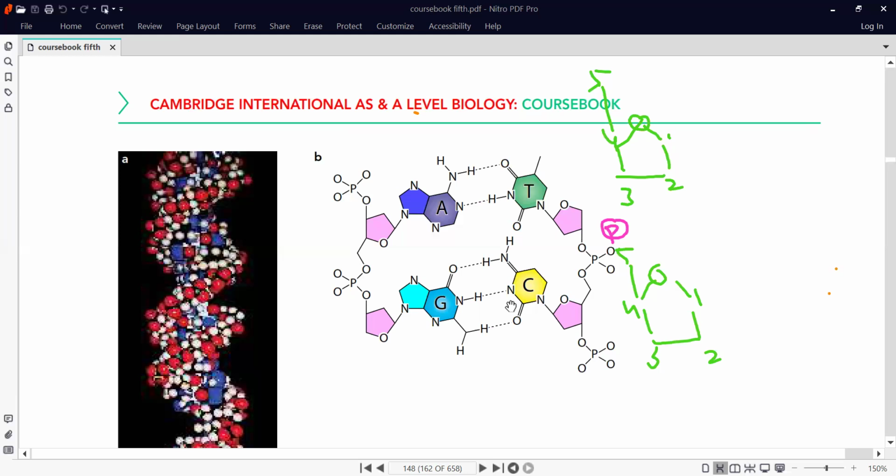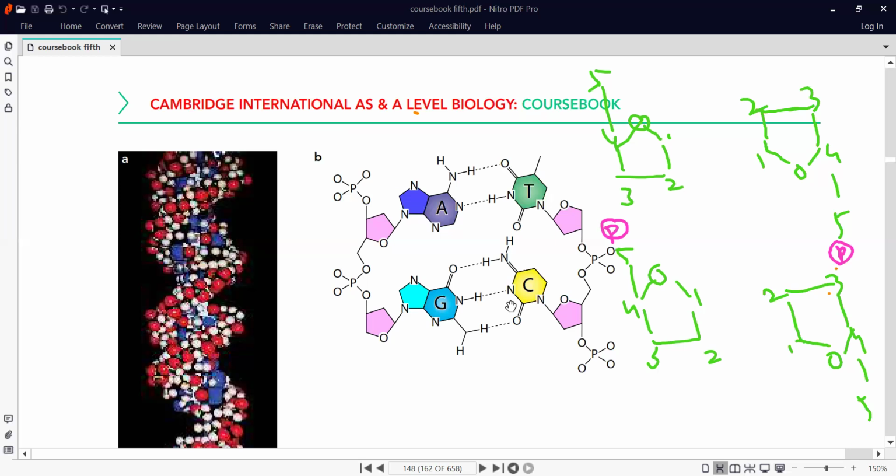On this side again, I make, so one phosphate group is present in between them. So this is known as the sugar phosphate backbone.